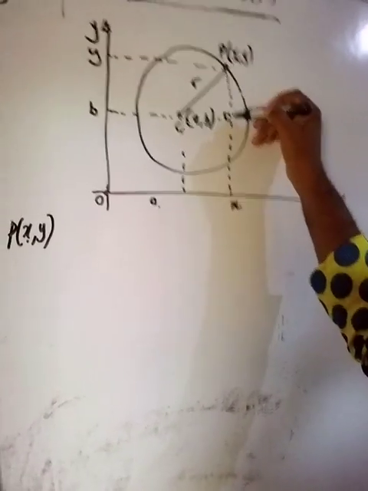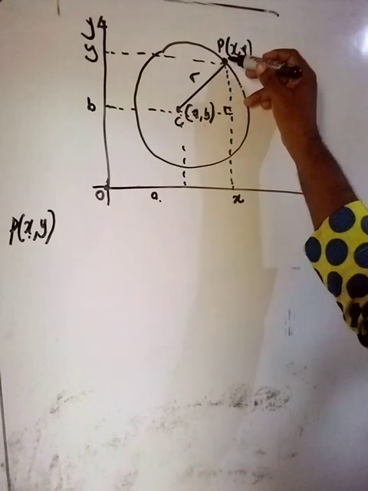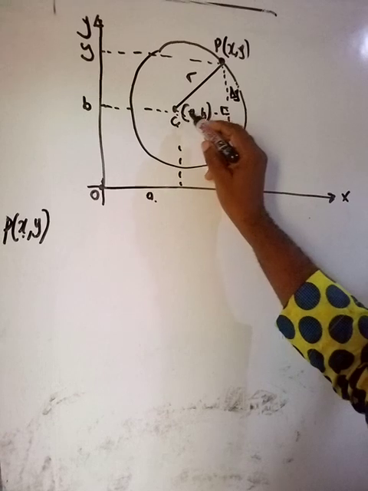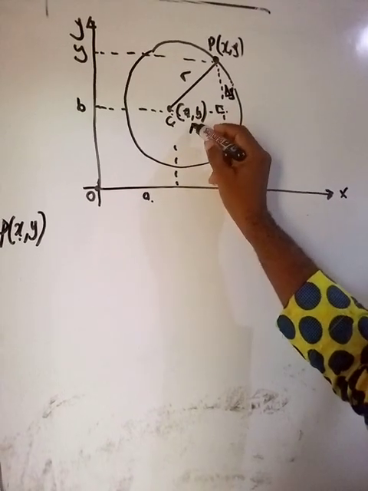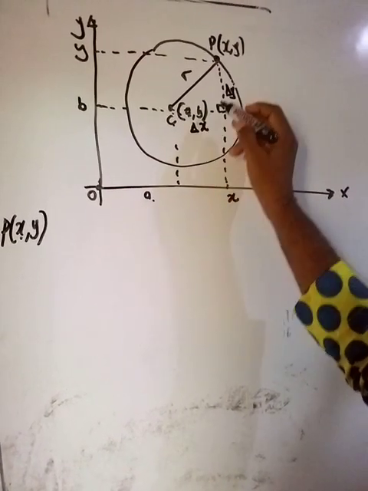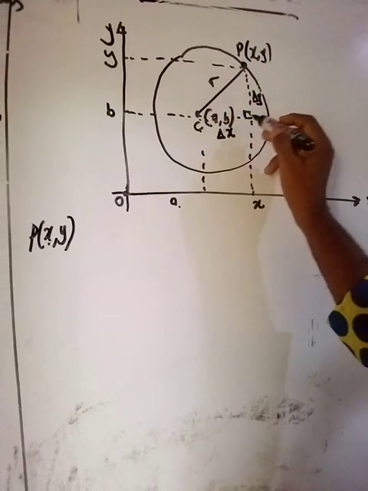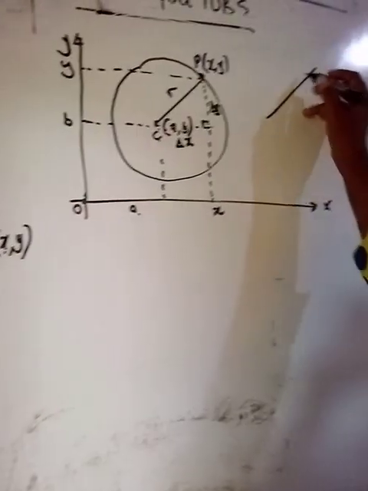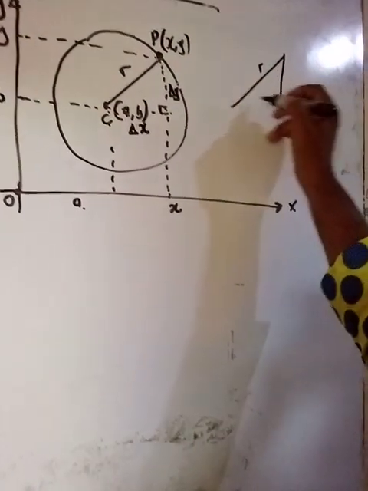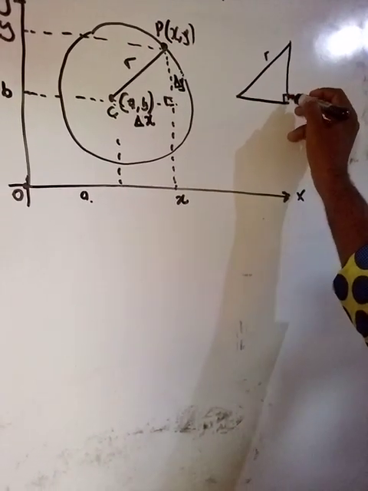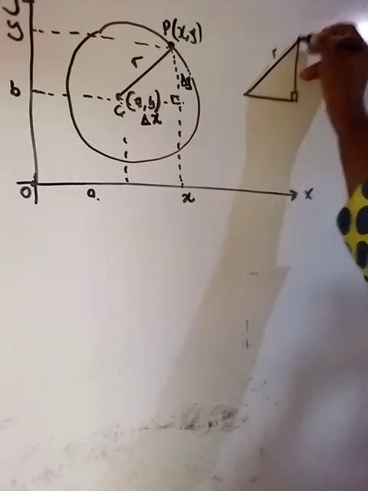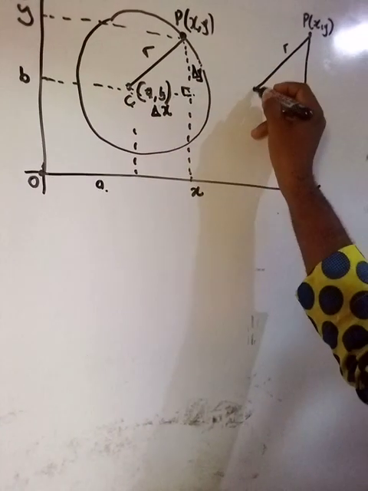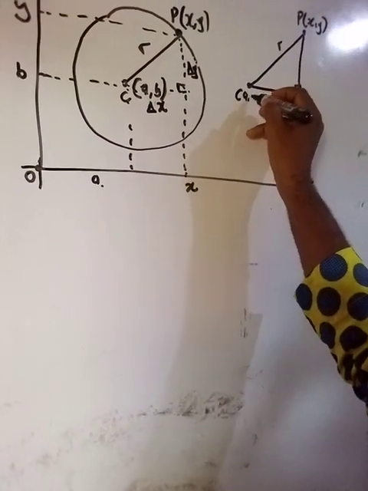The height of this triangle is the change in the y-axis, and the base is the change along the x-axis. For the sake of clarity, I'm bringing this triangle out now. This is the right angle triangle with the radius as its hypotenuse. This point P, I put it here as (x, y), and the center C, I put it here as (a, b).